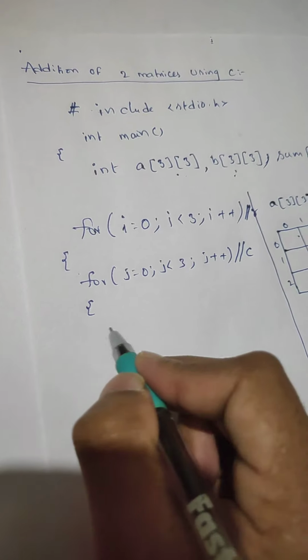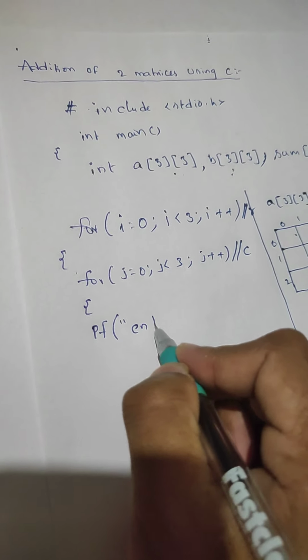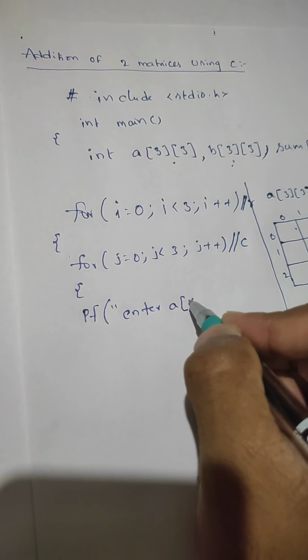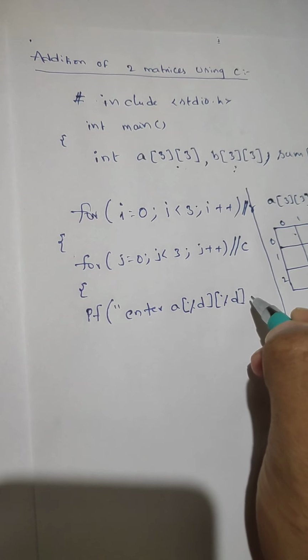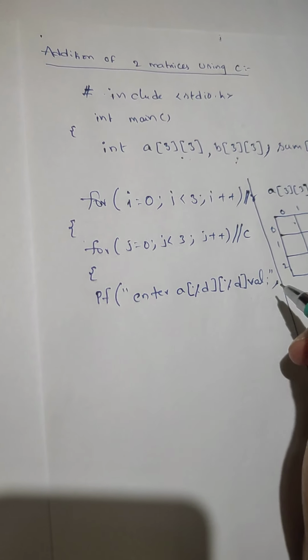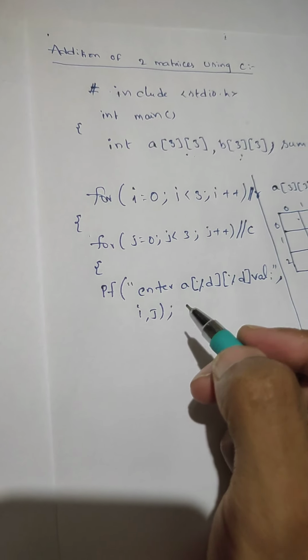After that, write a simple printf statement: "Enter A[%d][%d] values", comma, i comma j. Why?